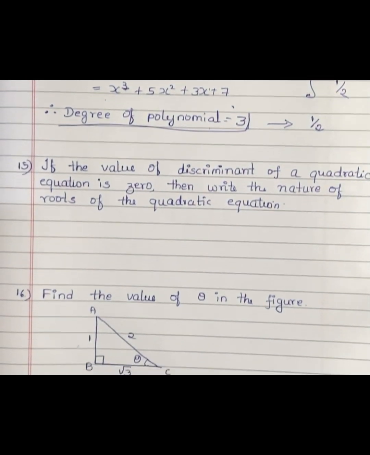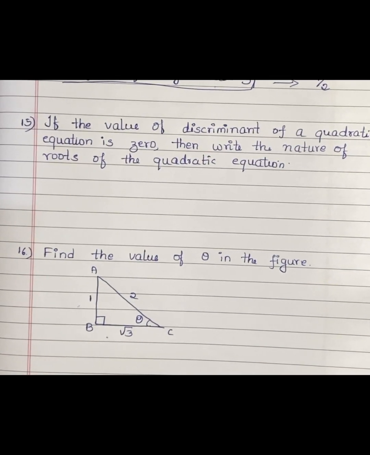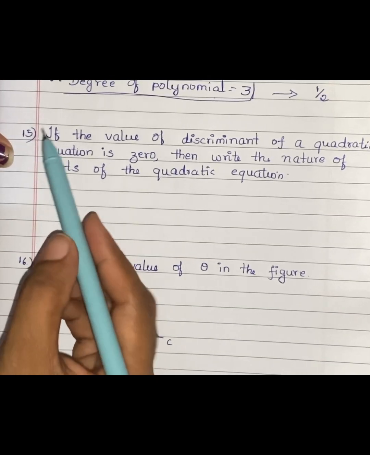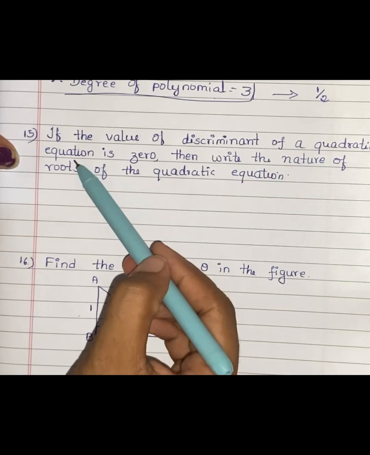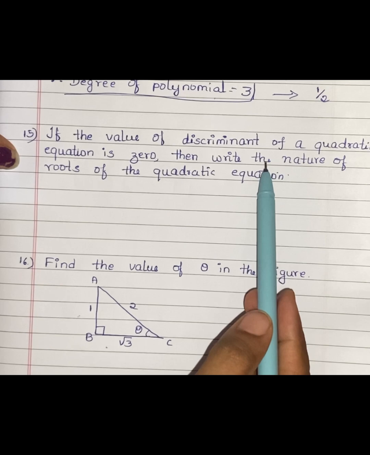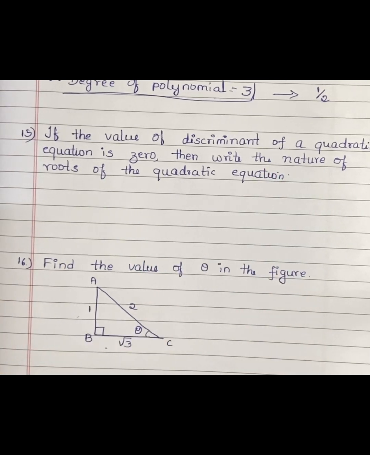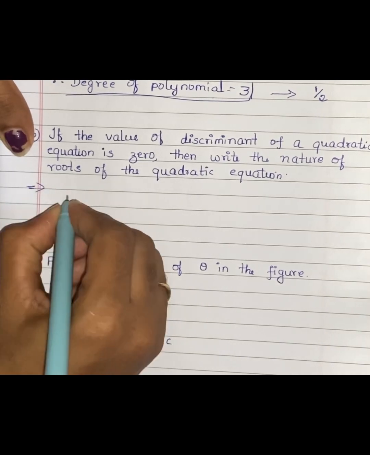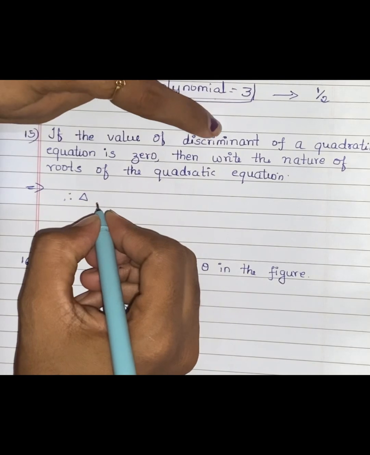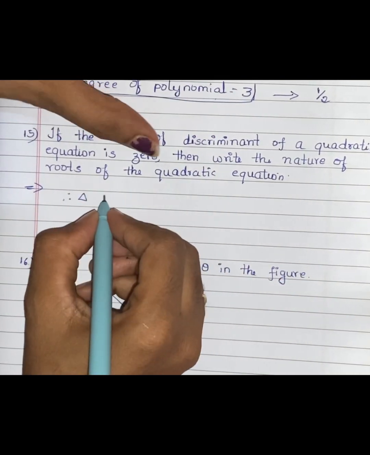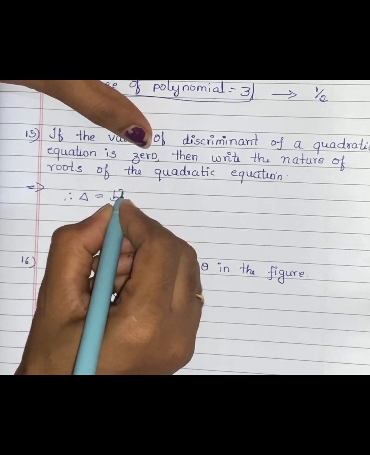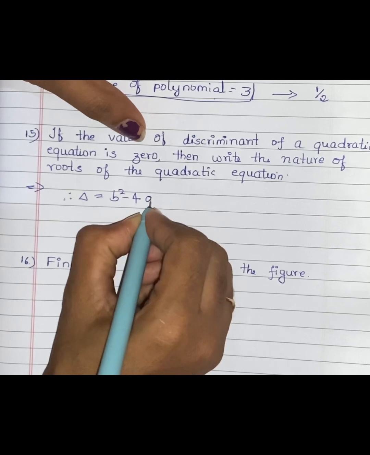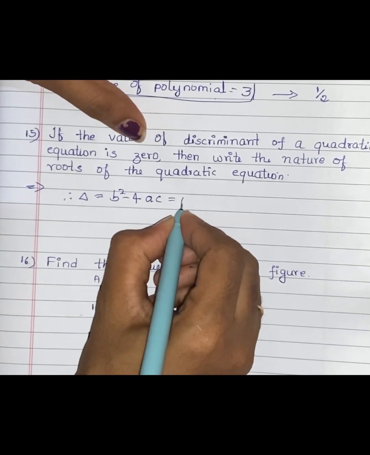Now, moving on to the 15th question. If the value of the discriminant of a quadratic equation is 0, then write the nature of the roots of the quadratic equation. This is a simple answer. The discriminant is triangle, which is equal to b square minus 4ac, is equal to 0.